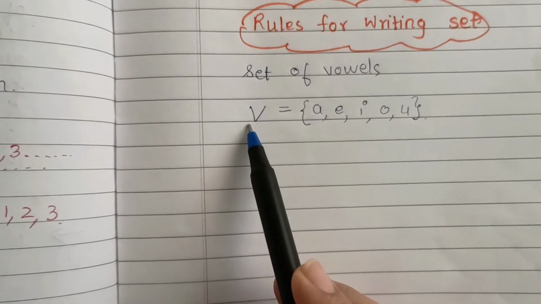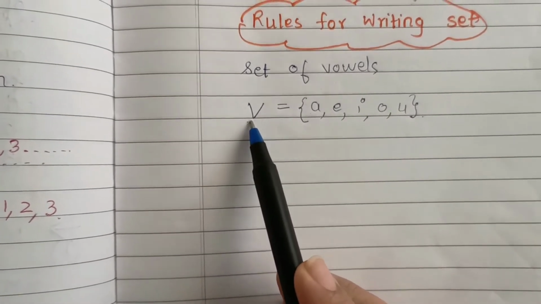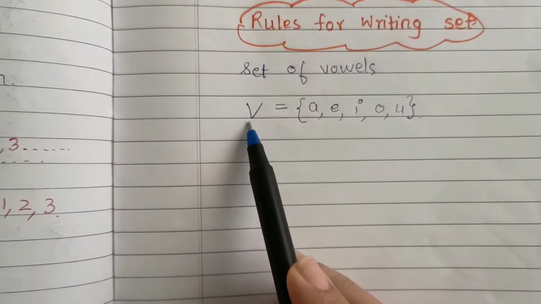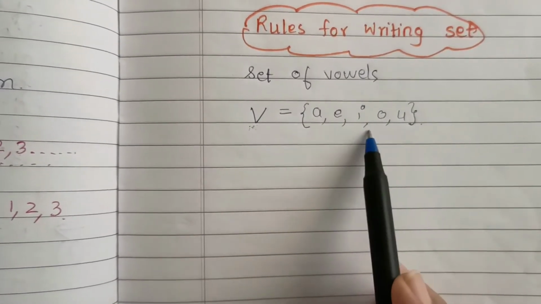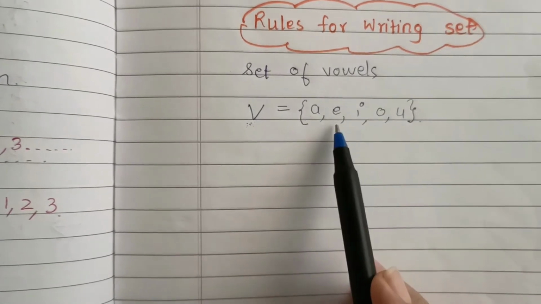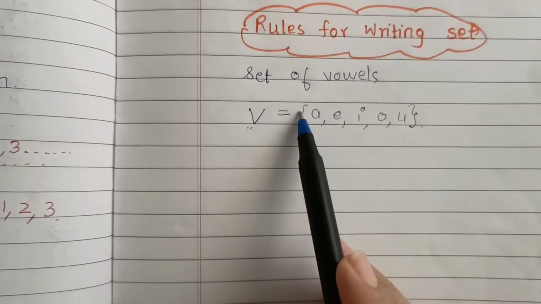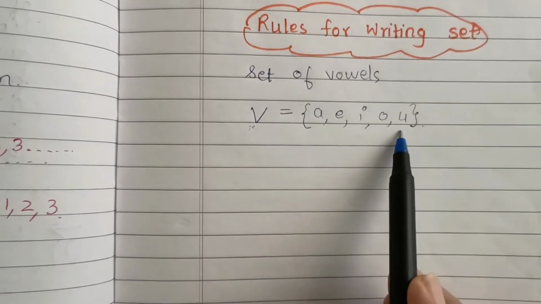So the first rule that we learned is that the name of the set is always shown by a capital letter. Second, when you write down the elements of the set, they are always represented in curly brackets. This is the second rule.